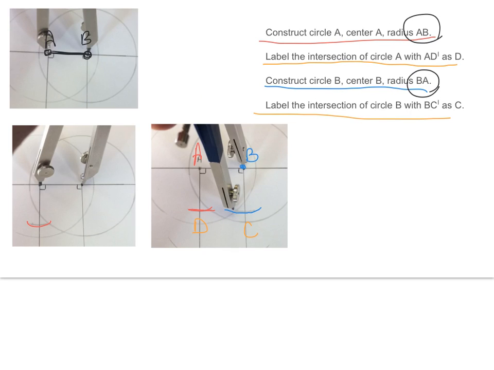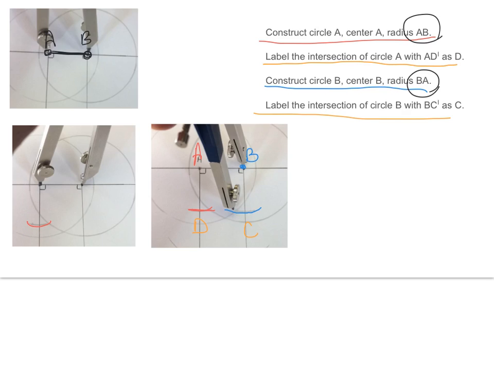Okay, now we're going to construct circle A, center A, radius AB. So our compass has to be just as open as A and B. And then we're going to draw a circle, which we didn't draw the whole circle. We only needed to cut the line that we drew. So there is our circle A, center A, radius AB.